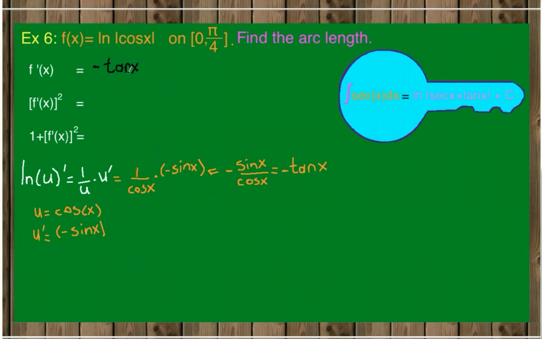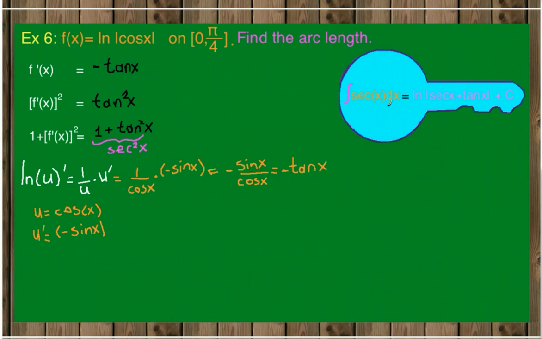Now we're going to square this quantity. Negative tangent of x squared will be tangent squared of x. Now we're going to add 1 to this quantity: 1 plus tangent squared of x. We know the Pythagorean identity: 1 plus tangent squared of x is secant squared of x.